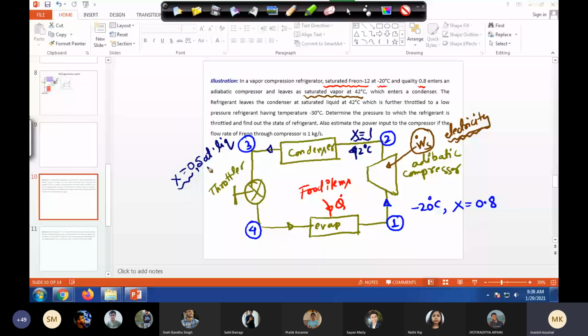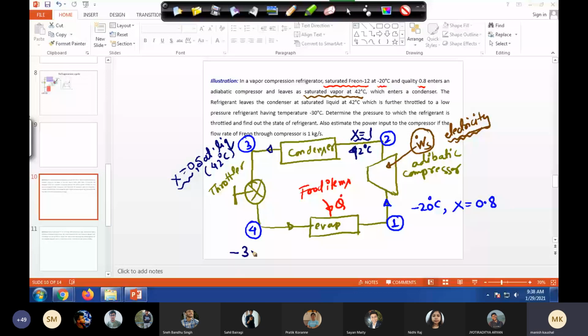Then this liquid is throttled through the throttle device, and coming out of the throttle, it is further throttled to a low pressure refrigerant having temperature minus 30 degrees Celsius. So the temperature here is minus 30 degrees Celsius.